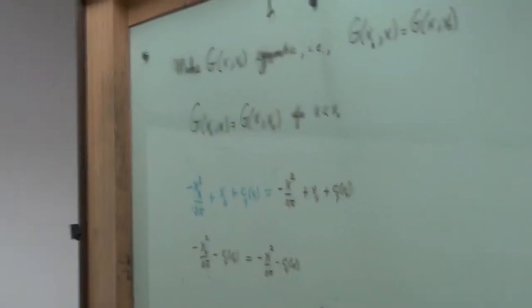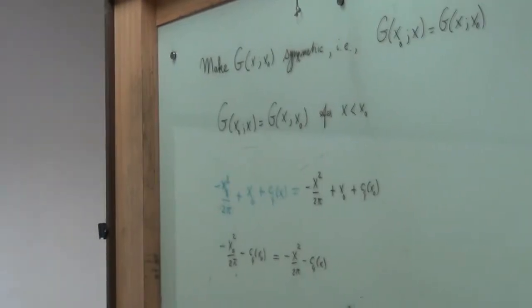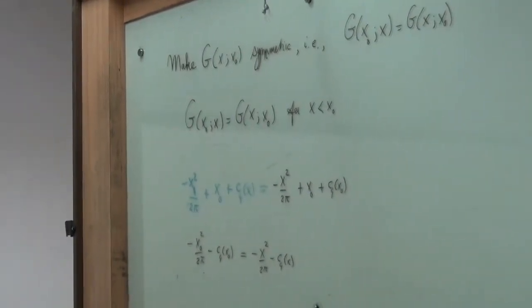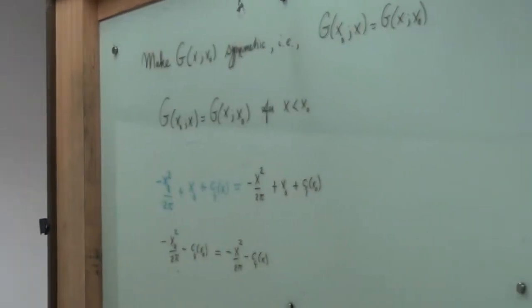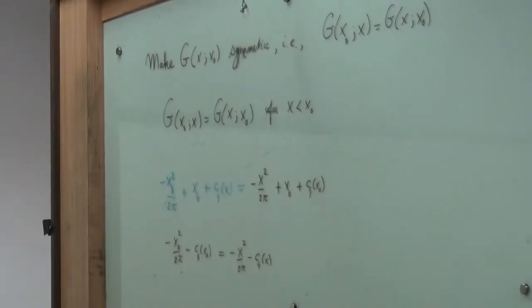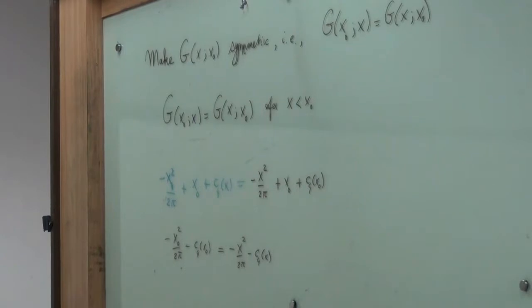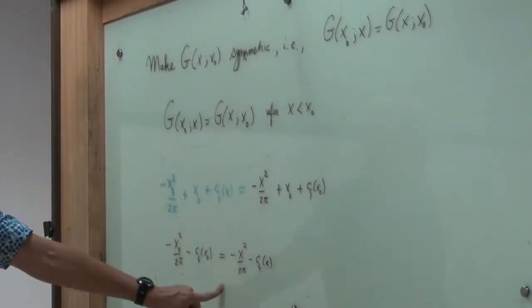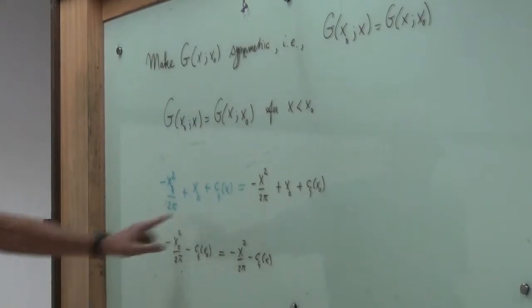Then I get this expression. What does that tell me about c4x? I would like to know what c4x is in my formula, because I want to determine c4. This is the condition that leads to a symmetric one. This is a symmetry, and then I have to satisfy this.